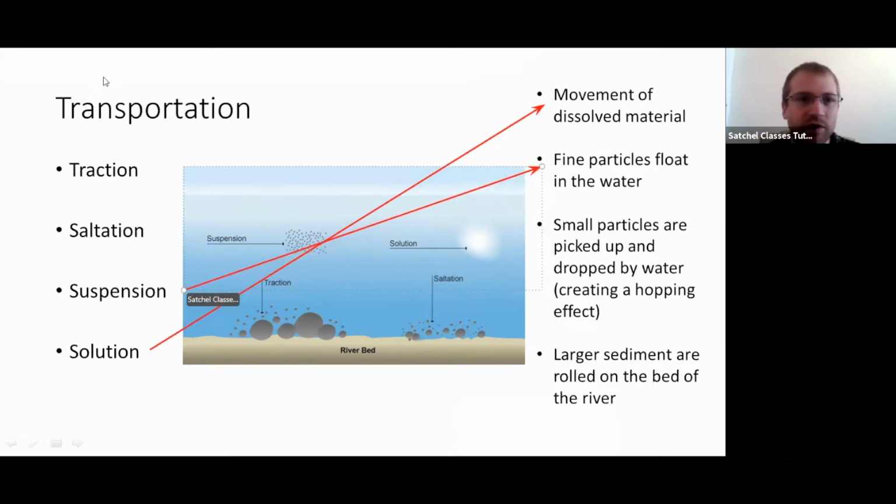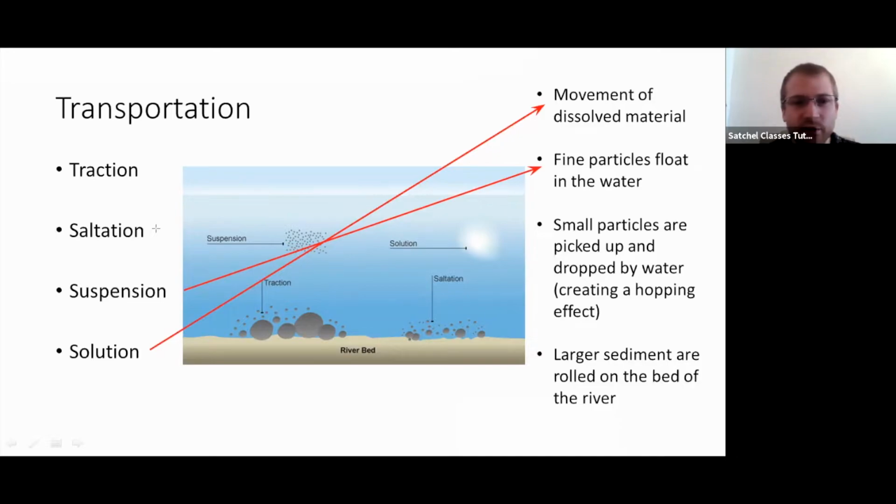They're still visible, but they float in the water. They're light enough to be held up in small currents. Just like being suspended in midair, the fine particles are suspended in the water, and they can sometimes make the water look a little bit cloudy.